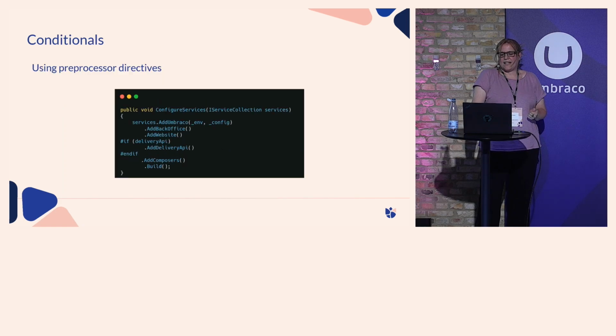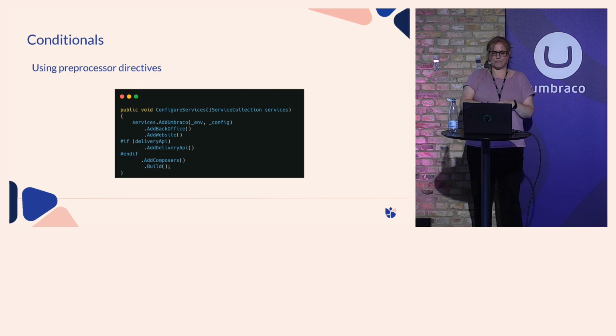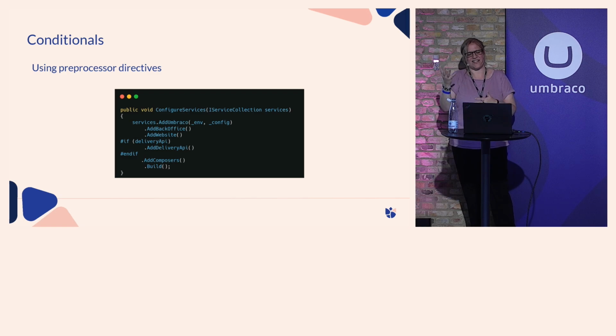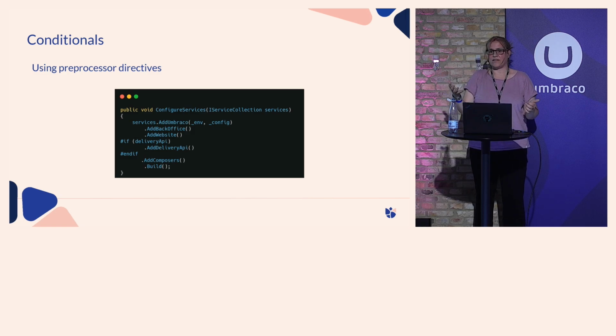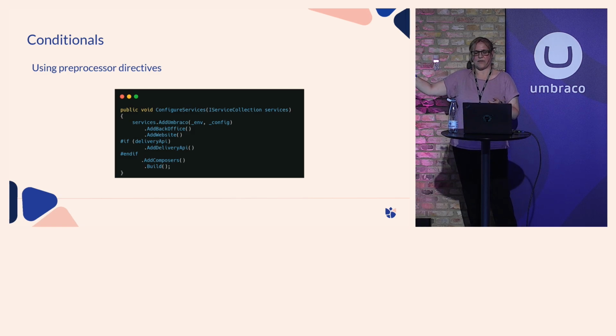You can use preprocessor directives to include or exclude bits of C# in your code and other languages. It's just in other languages it's not quite as friendly because we're used to preprocessor directives in C#. If you were wanting to enable the delivery API in version 12, you would also need to add the AddDeliveryApi bit of C# in your startup code.